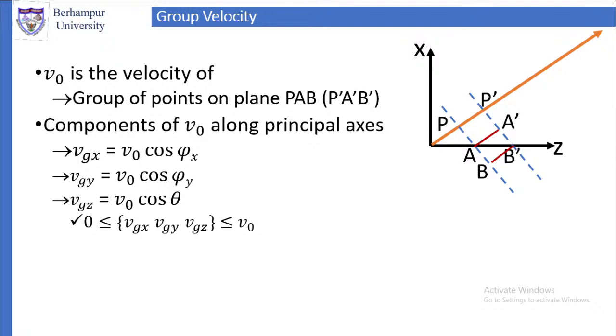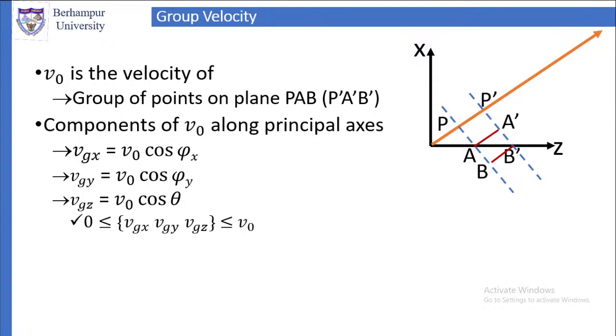Now if you look at this, all these have no denominator. They have in the numerator a multiplication of a cosine function. Now the cosine function, as I have told you, has a minimum amplitude of 0 and a maximum amplitude of 1. So when the cosine function is 0, these components will be equal to 0.